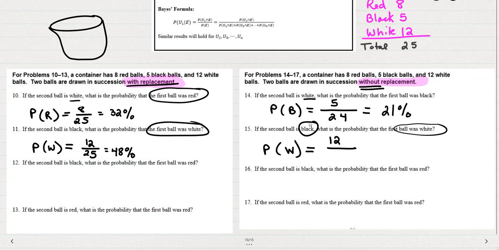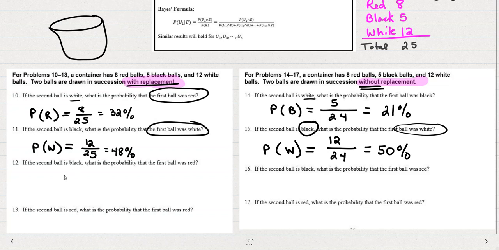But if we know that in the future we're going to get a black marble, then we could remove one of those black marbles and say that there's only 24 to the denominator. So 50% now. So the probability changes slightly from what it was with replacement, right?